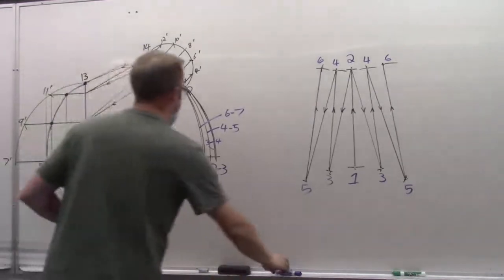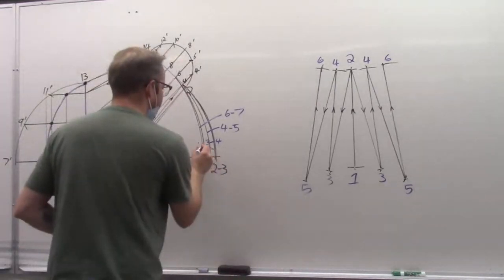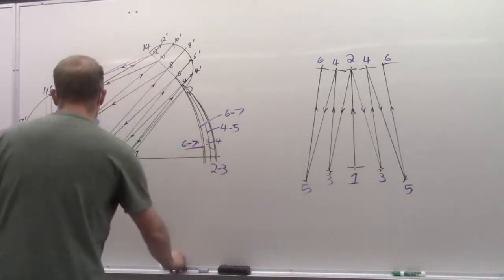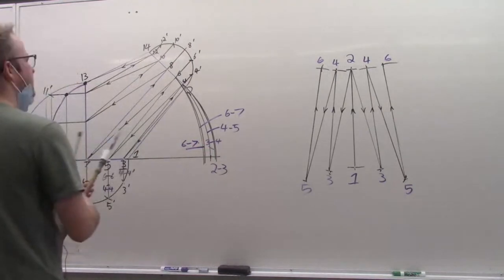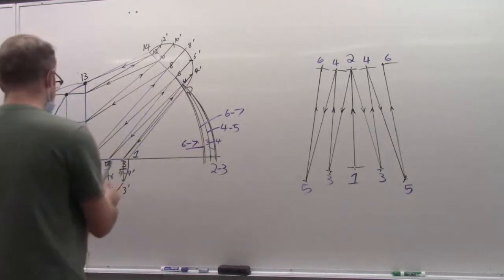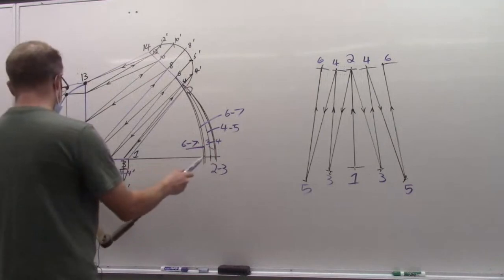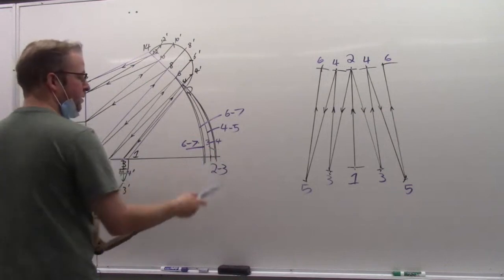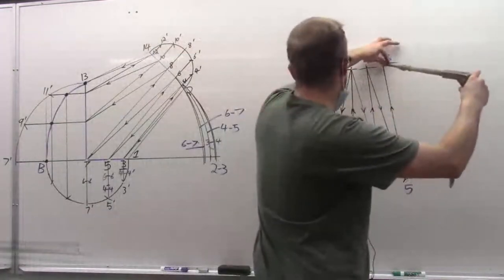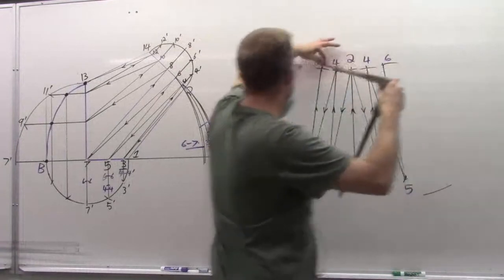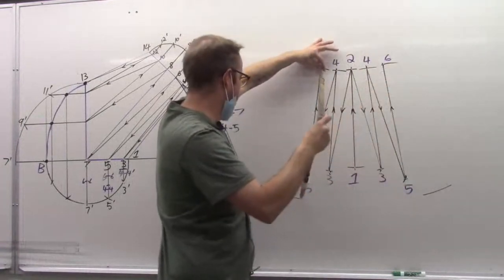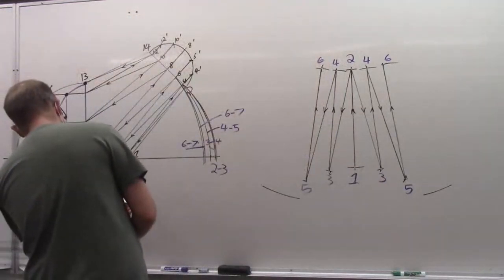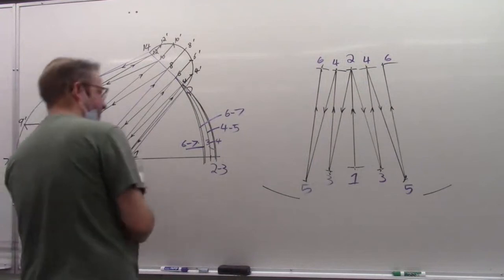I'll come down. 6, 7. 6 to 6 is there. Lovely. 6 to 7. All right. That'll be my last division from the bottom half circle.